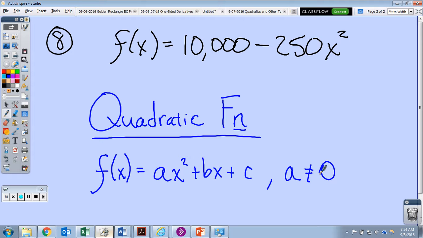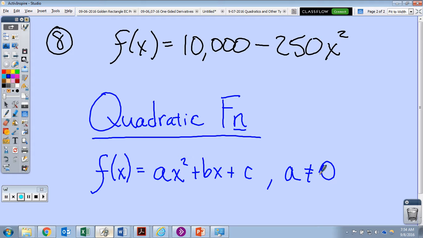So good job for those of you that recognized it as a quadratic. It doesn't matter how they order the terms. This would be the constant c here. This guy here would be your ax squared, the negative 250x squared. So typically, this would be written mathematically. We see more of it written in descending power.